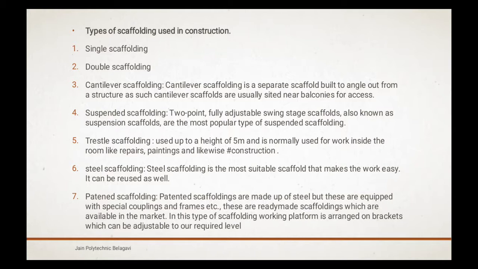Such cantilever scaffolds are usually sited near balconies for access. Okay, suspended scaffolding: two-point fully adjustable swing stage scaffolds, also known as suspension scaffolds, are the most popular types of suspended scaffolding.